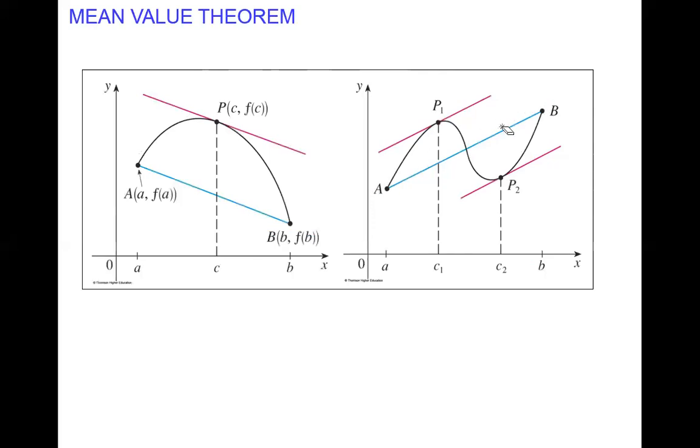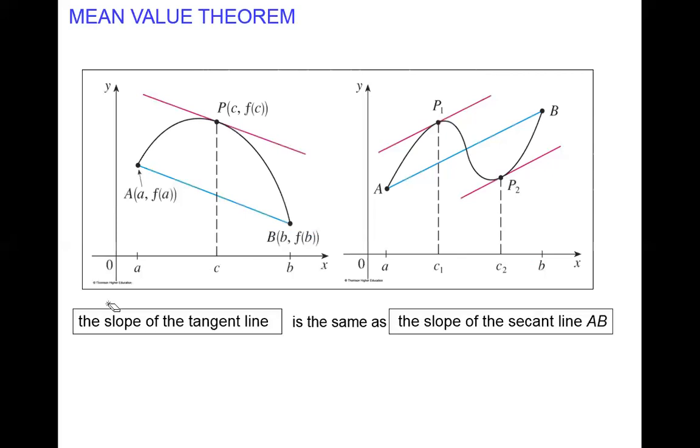This is my secant line connecting A and B, with slope f of b minus f of a over b minus a. In this case there are 2 points, c sub 1 and c sub 2, where the tangent is parallel, which means it has the same slope. Let's look at my comments: the slope of the tangent line is the same as the slope of the secant line, at that point c. Slope of the tangent equals slope of the secant. That's my formula.